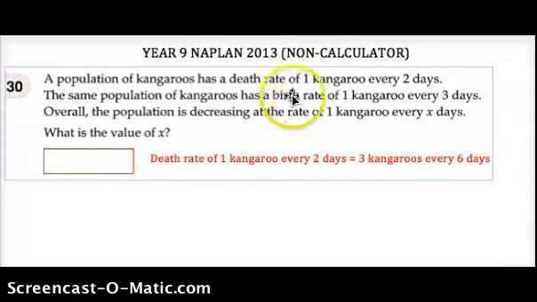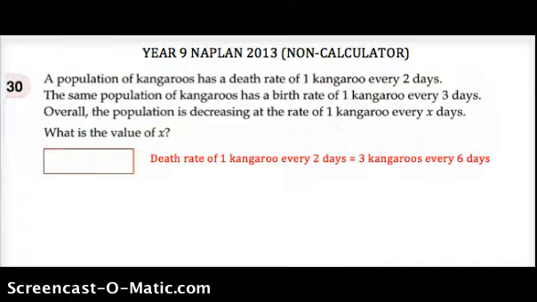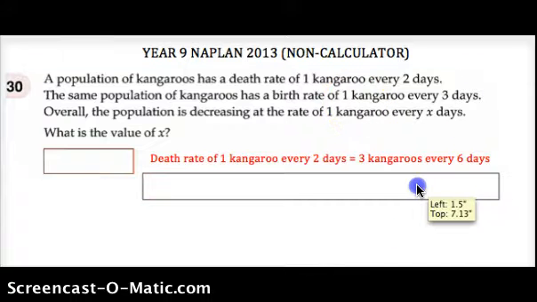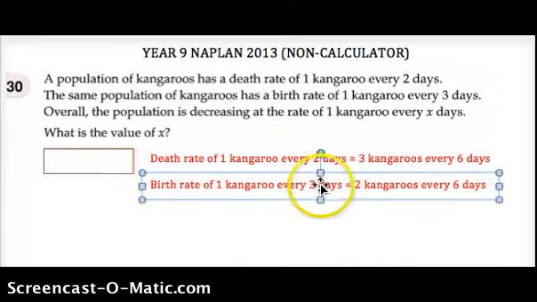Now we're going to do the same thing here with the birth rate. A birth rate of 1 kangaroo every 3 days, well, we want to say how many kangaroos are born every 6 days. So a birth rate of 1 kangaroo every 3 days means that 2 kangaroos are being born every 6 days.